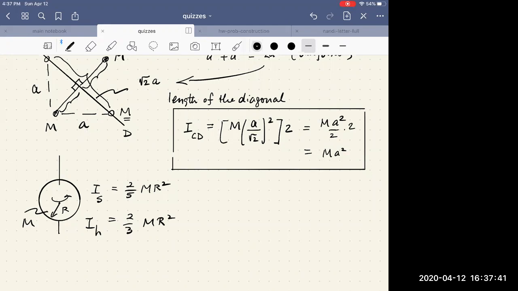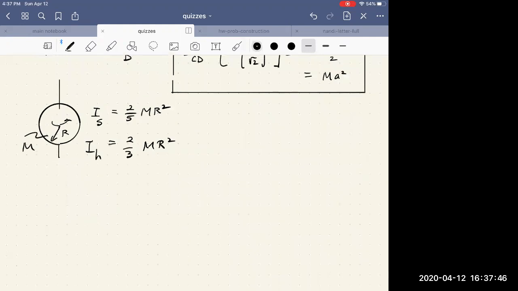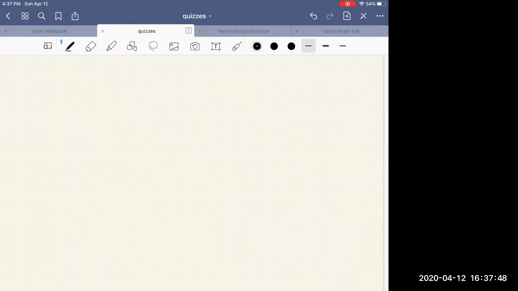So let's move on to a quick discussion of rigid body equilibrium in the next page. So there are two standard problems that I want to quickly discuss. So rigid body equilibrium problems.